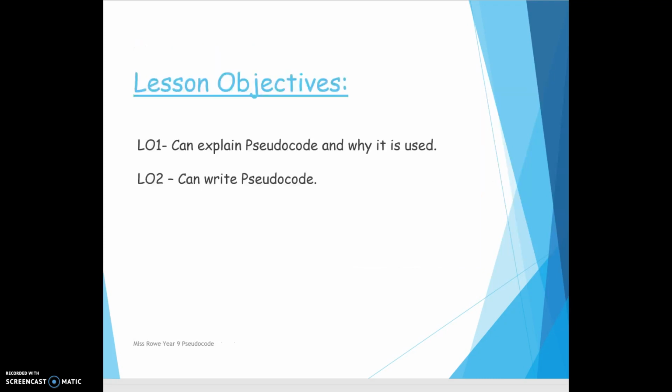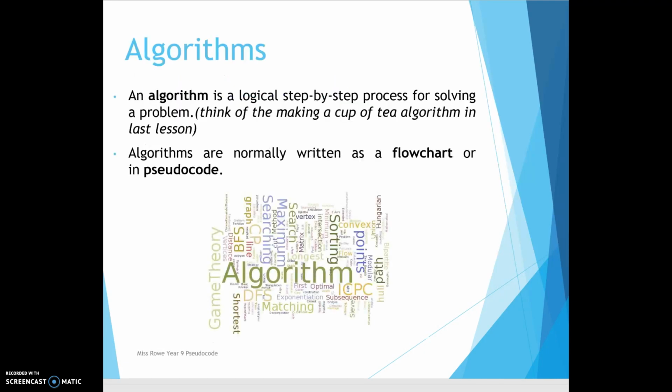So pseudocode. Learning objectives: can explain pseudocode and why it is used, can write pseudocode. For starters, an algorithm is a logical step-by-step process for solving a problem. Think of the making a cup of tea algorithm we made in the last lesson. I know some of you changed the steps and it was different for each person.